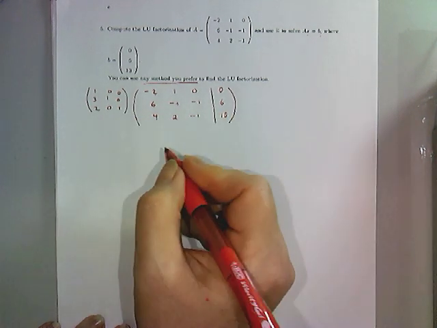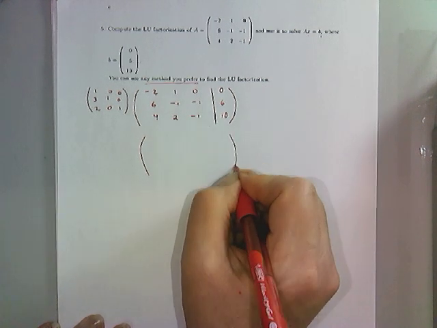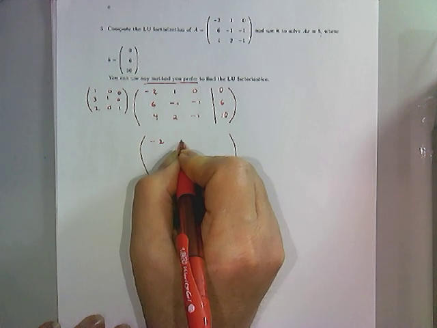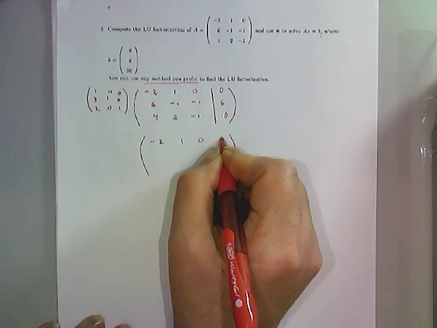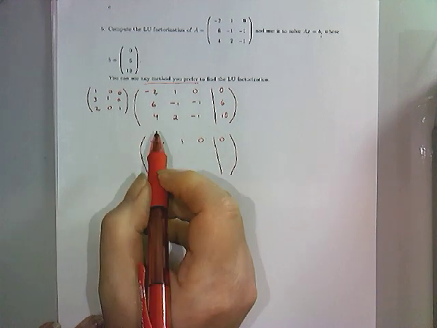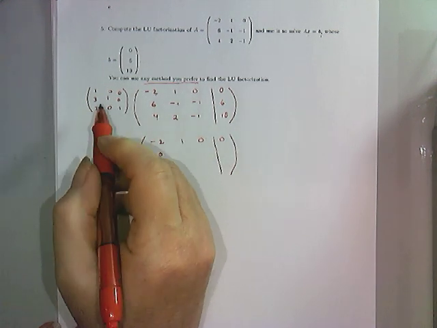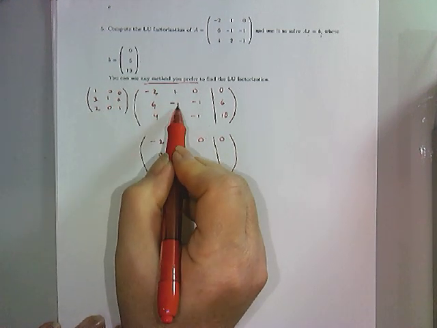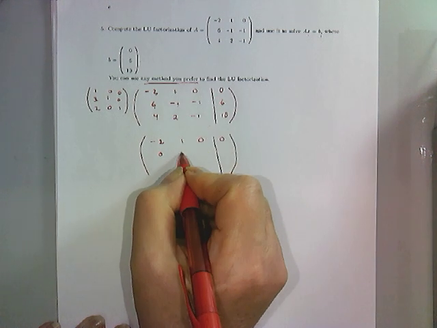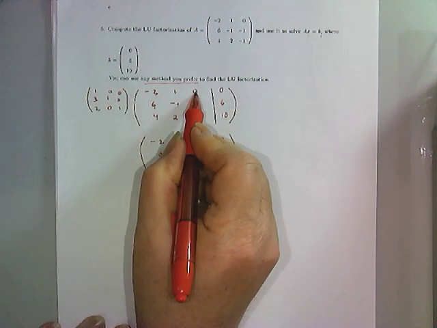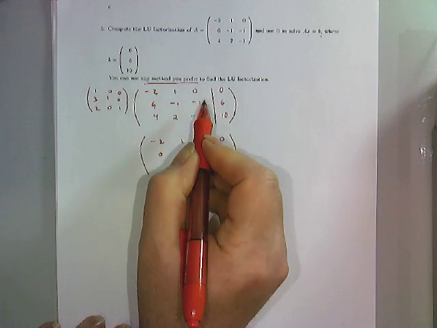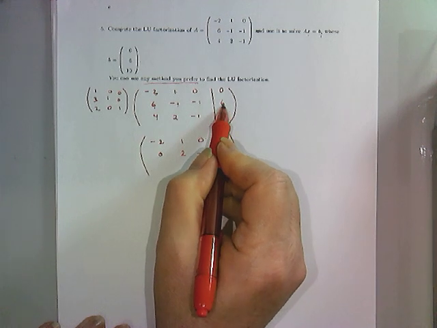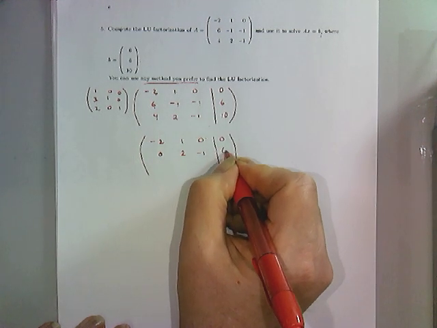And when I perform the multiplication, I end up with first row -2, 1, 0, 0. The second row, this entry will be 0. 3 times -2 plus 6. 3 times 1 plus -1 is +2. 3 times 0 plus -1 is -1. 3 times 0 plus 6 is 6.